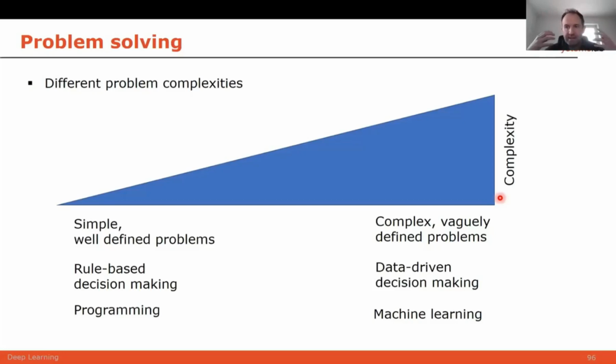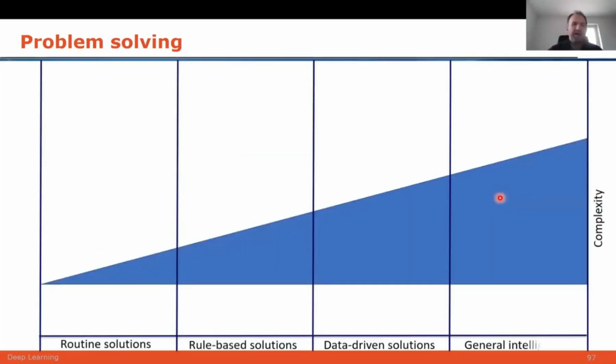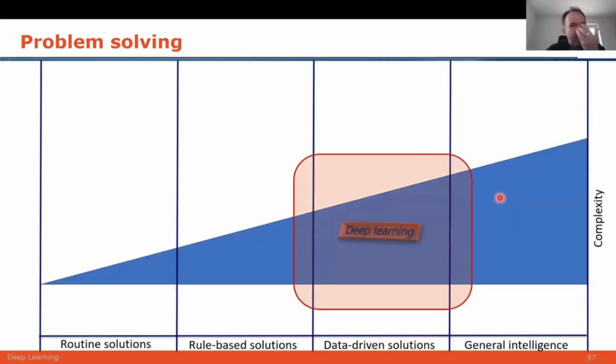So there's a spectrum of different problems. And if I divide those problems into 4 categories, they are rule-based routine solutions, rule-based solutions, data-driven solutions, and some general intelligence that has to be used to solve the problems. Deep learning addresses these data-driven solutions, right? It can also improve some rule-based solutions.